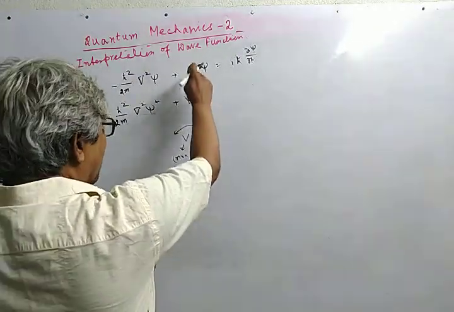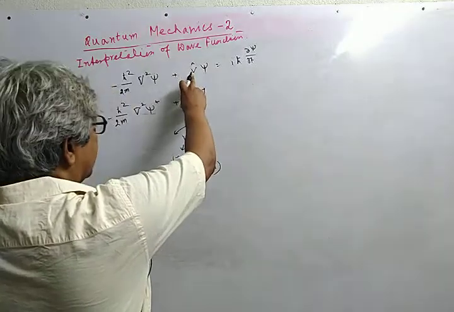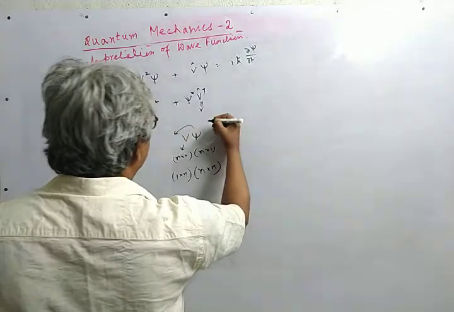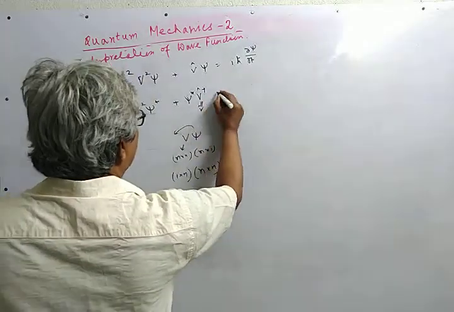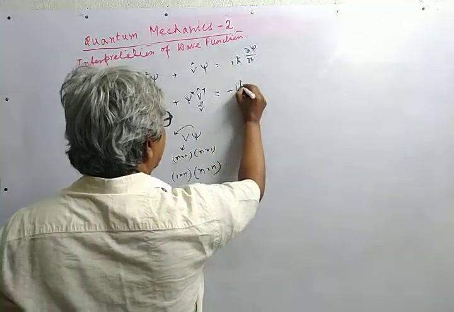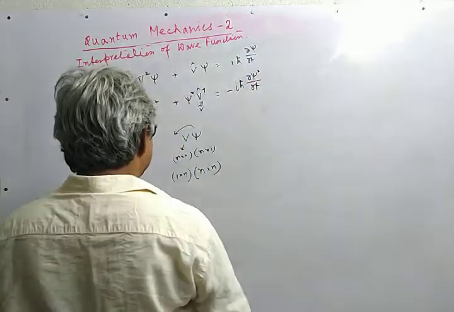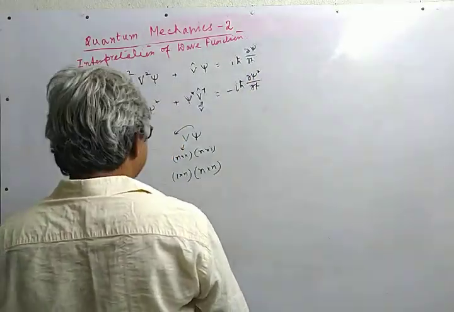Since V is a Hermitian operator, this is equal to V, and on this side I have minus iH cross del. This is the Hermitian conjugate of this.